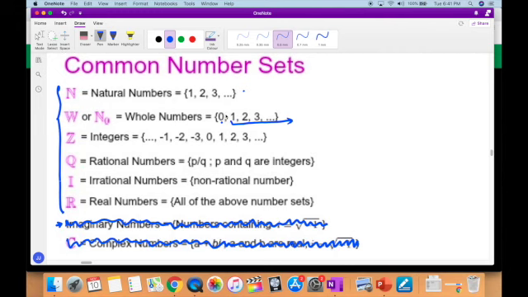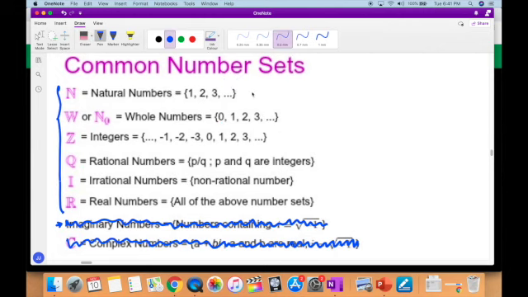If somebody is talking about 0, they're talking about a whole number. 0 is not a natural number. Natural numbers are only positive, as you can see, and whole numbers start with 0 and go up through the positive natural numbers.